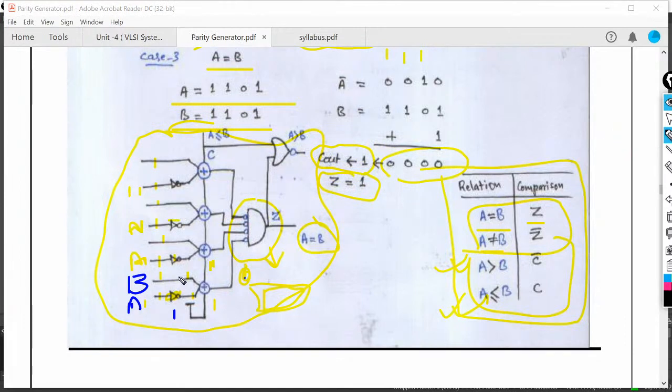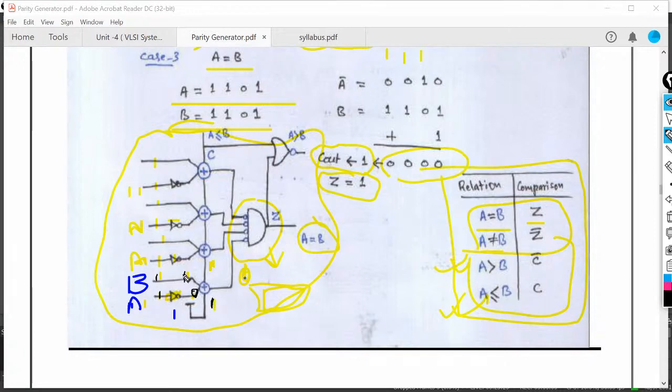Okay, after the addition, here input is 1 because these bits are 1, so this one is replicated here, but because this NOT gate complements the 1, we will get 0 here.